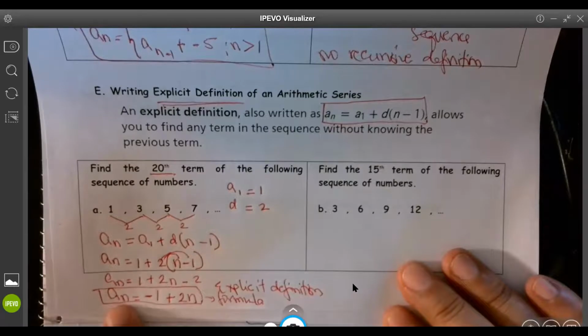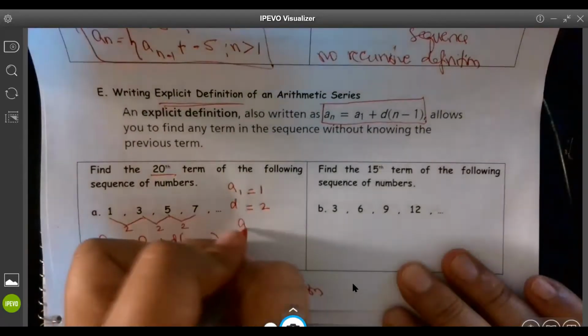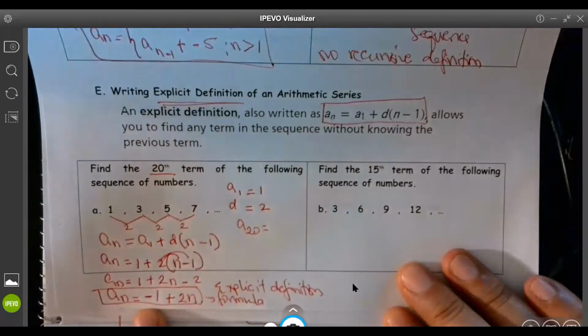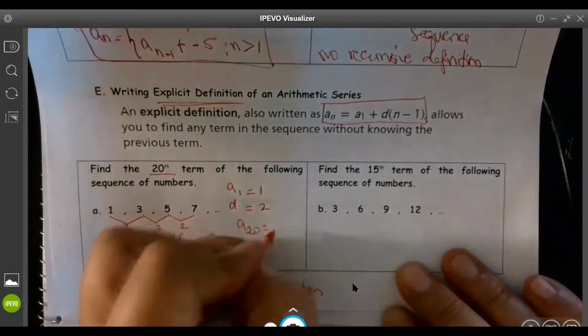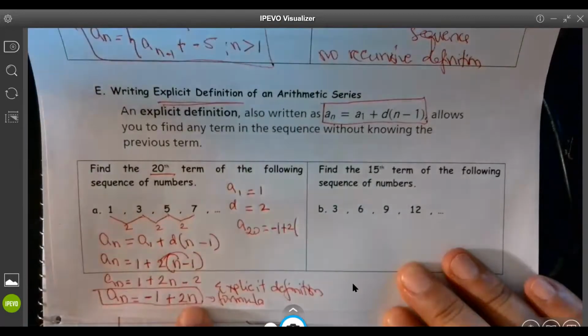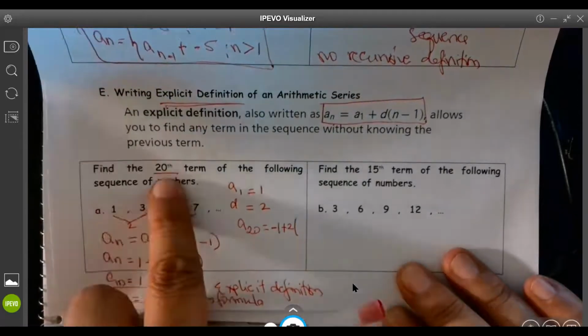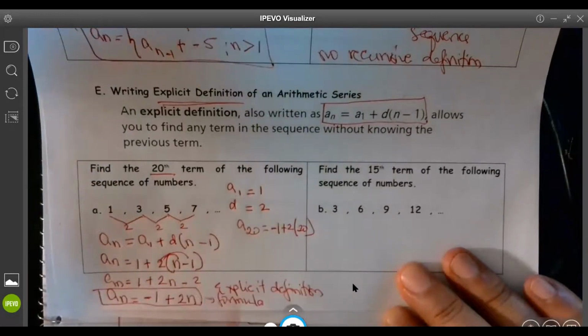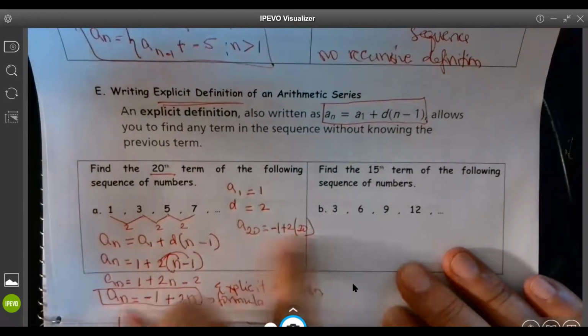So a20 means the 20th term, okay? So this will be negative 1 plus 2 times n. n is the number of the desired term that you want. What is the term that you want? You want the 20th term. So that is n is 20. Whatever is your number here is the number there.